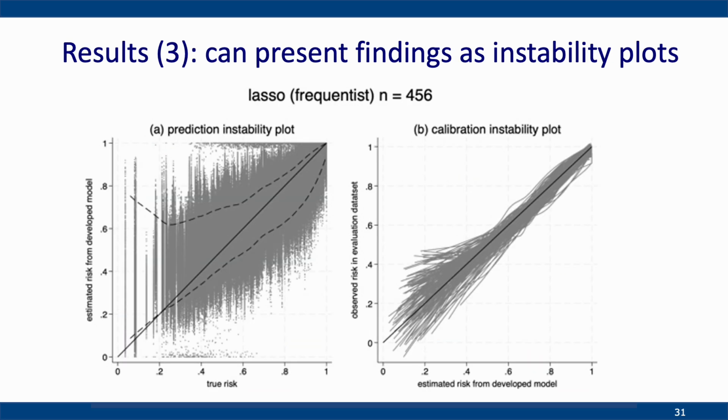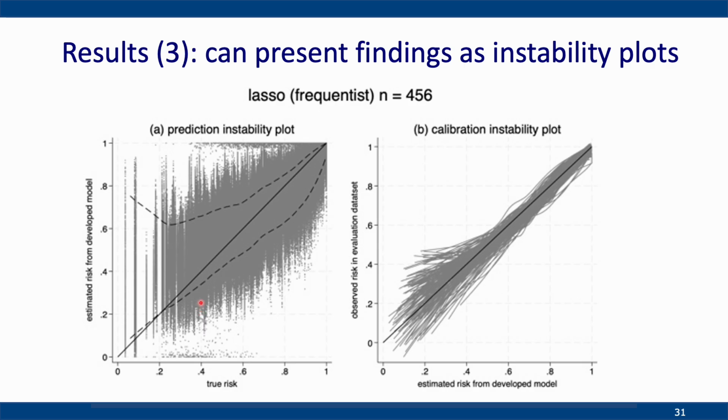We can present our findings as instability plots. So let's go back to the sample size of 456. Because we've got the reference model, we know the true risk, and we can plot across all those 2,000 or however many simulations you do, the variability in the developed model's estimated risk for all individuals in the target population. So we can see that at 456, we've got this prediction instability plot where there's a lot of variability.